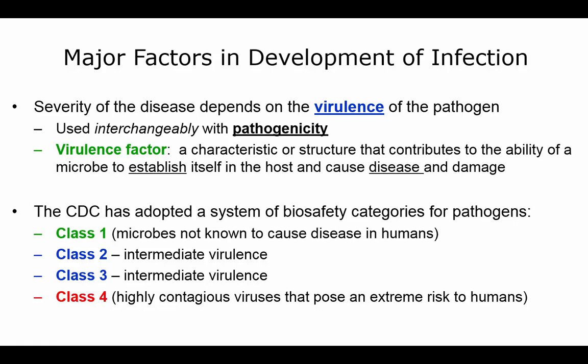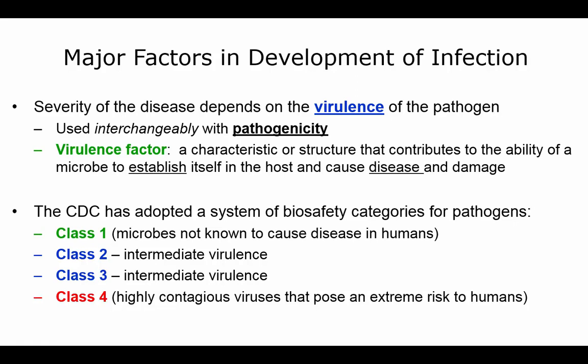Now, as far as pathogens are concerned, one of the things that we consider is their virulence. Virulence has to do with the severity of the disease, in other words, their ability to establish themselves in a host and cause disease. So the more virulent they are, the more dangerous they are. The CDC has adopted a system to rank pathogens based on their virulence.